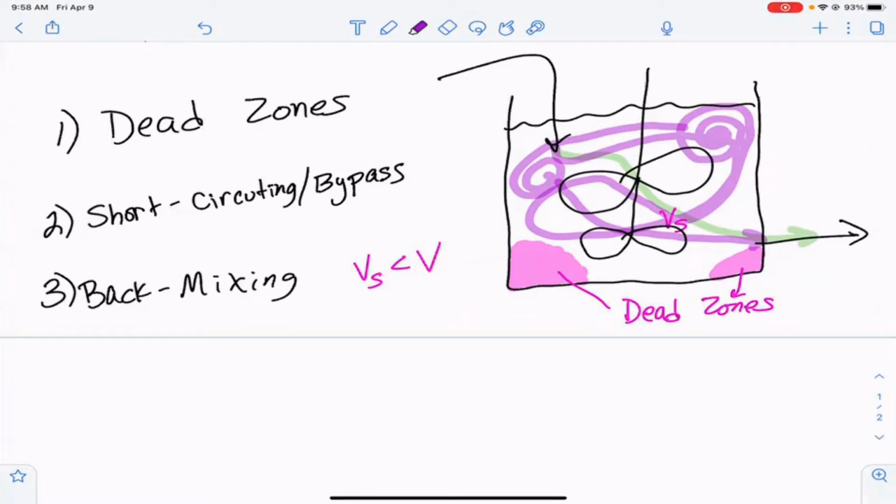And so, these three mechanisms work to manipulate the residence time of reactants inside of the reactor, and they make them operate in ways that are not predictable necessarily by the things that we've done so far this semester.